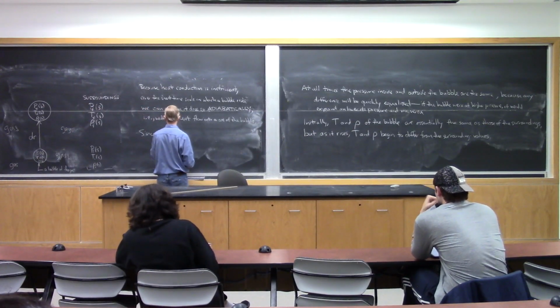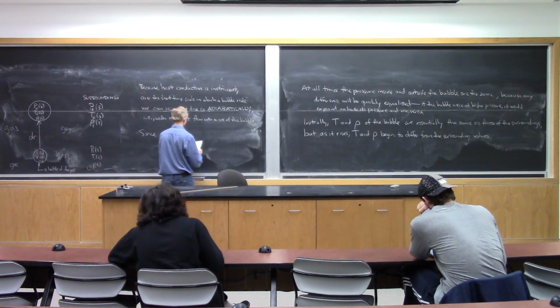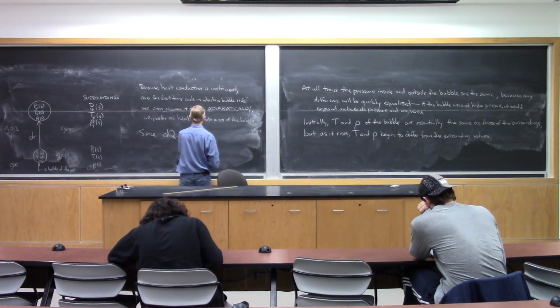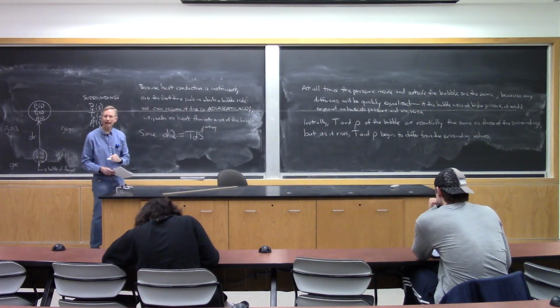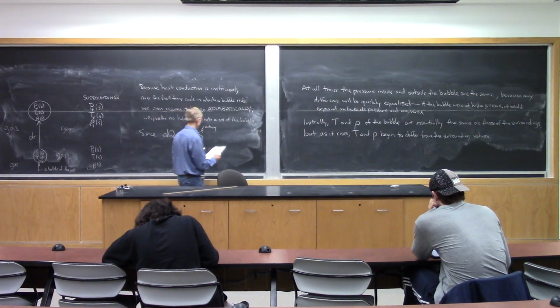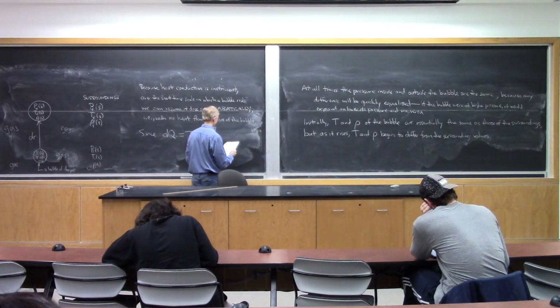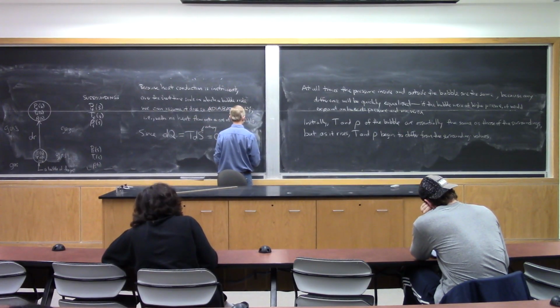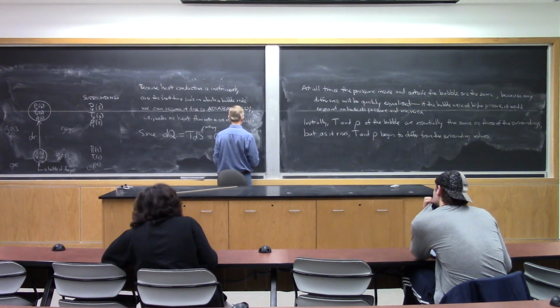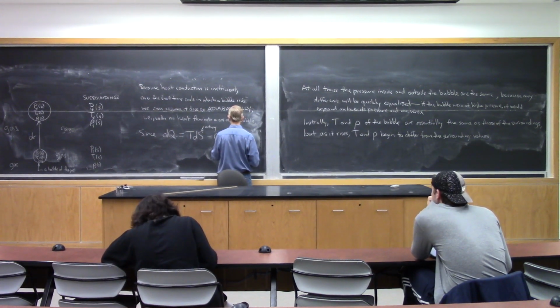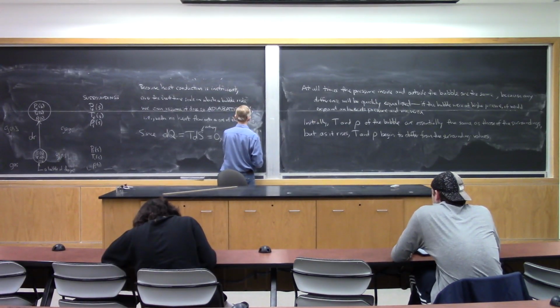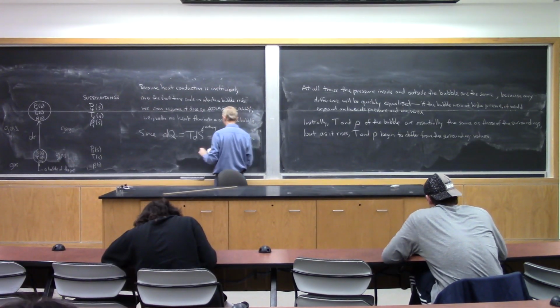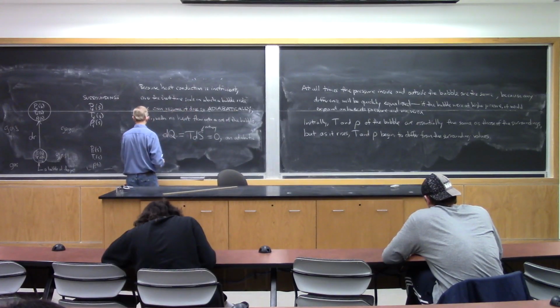Since dq equals TdS, where S is the entropy, and dq equals 0, an adiabatic process can also be described as one that takes place at constant entropy. The entropy of the gas stays constant as the bubble rises or falls.